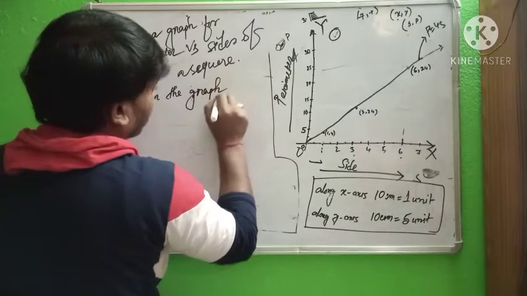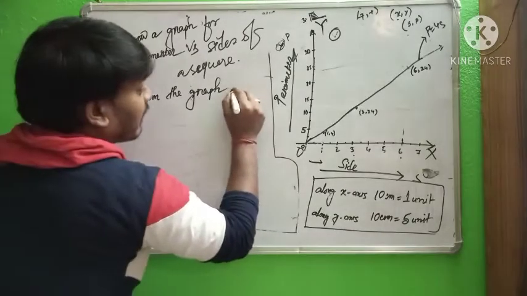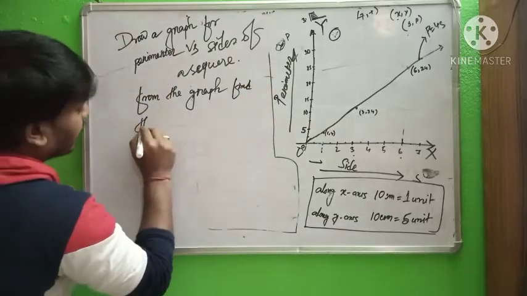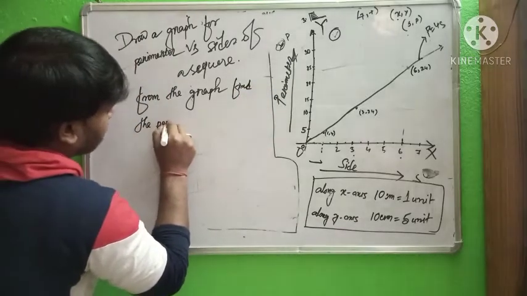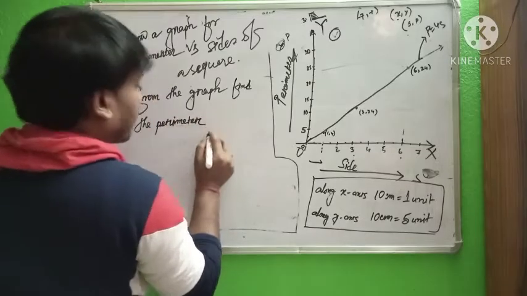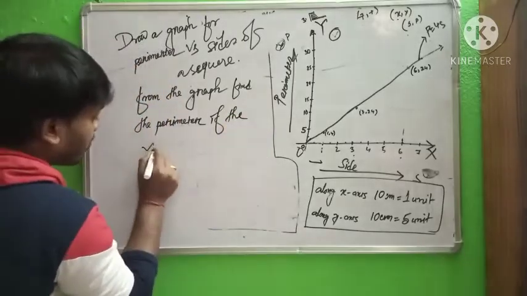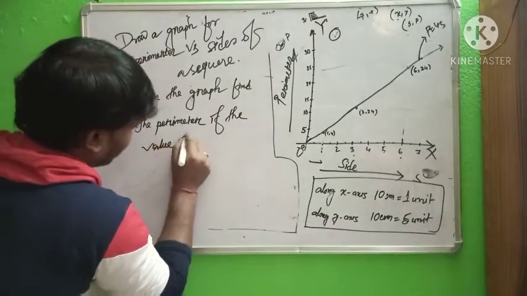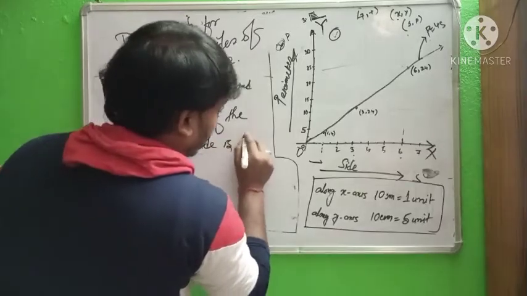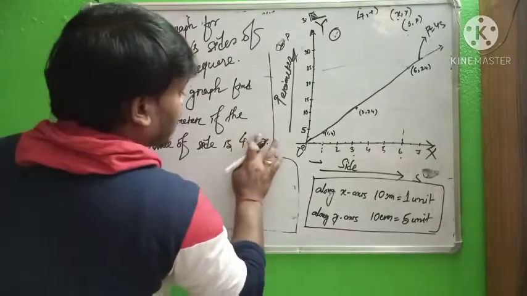from the graph find the perimeter if the value of side is 4 unit, not centimeter.